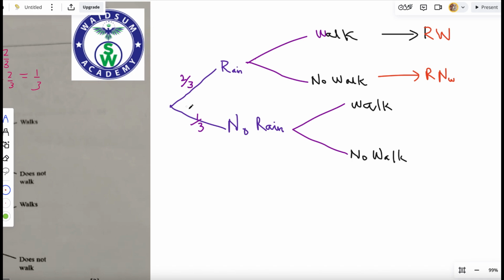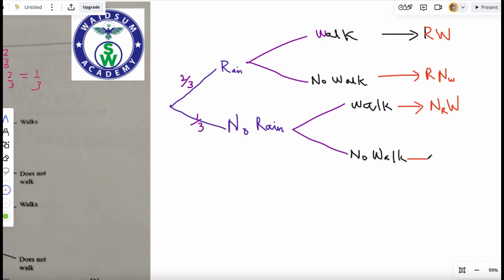Now here we have no rain, this branch, no rain and walk. So this branch, we have the possibility of no rain and then walk to school. Then this branch, going this way, is no rain, no walk.